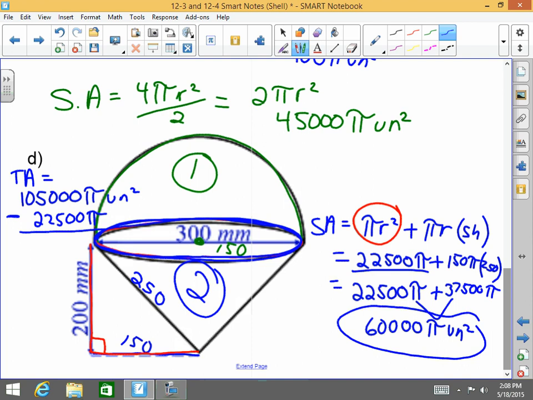So then what do I get? So what is it? Yep, 82,500. That's exactly right. Pi units squared. Wow, that was brilliant, dude. I can't believe I almost made such a stupid error. Thank you, son.